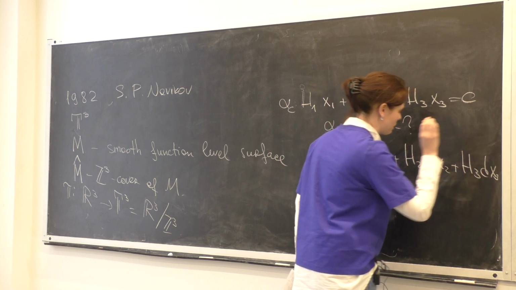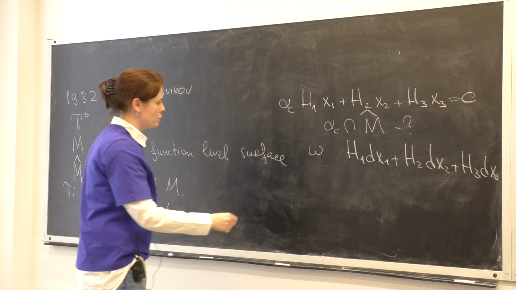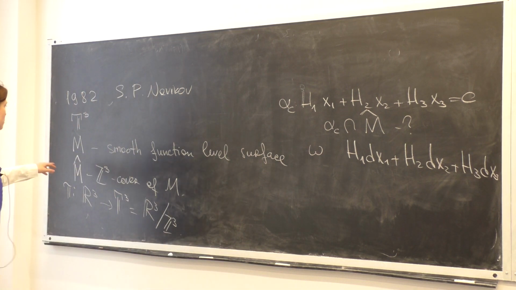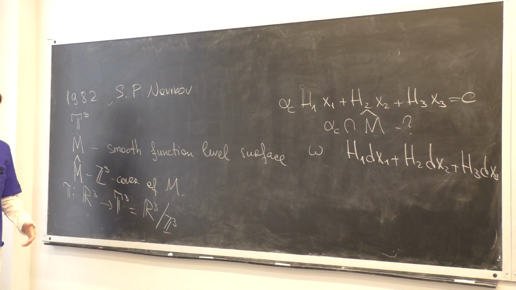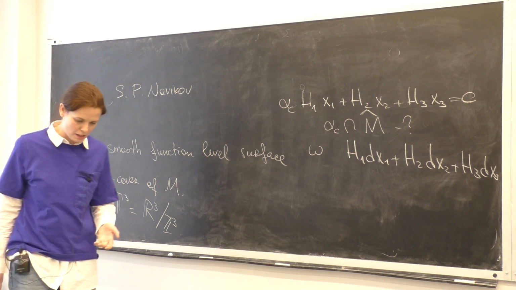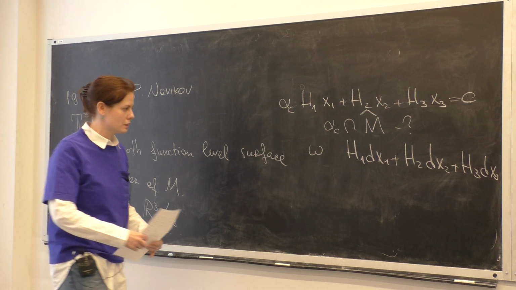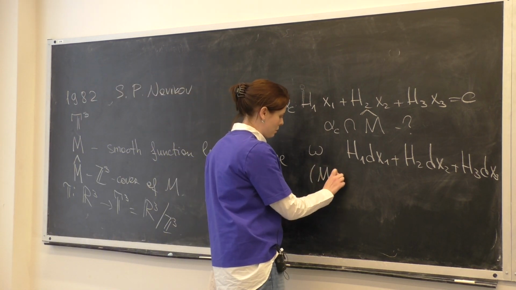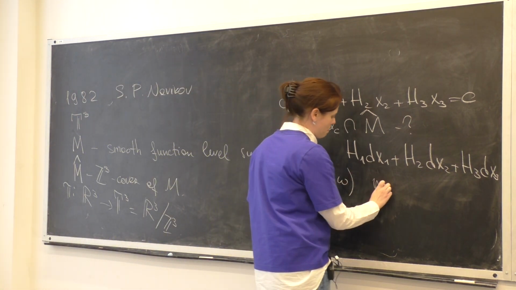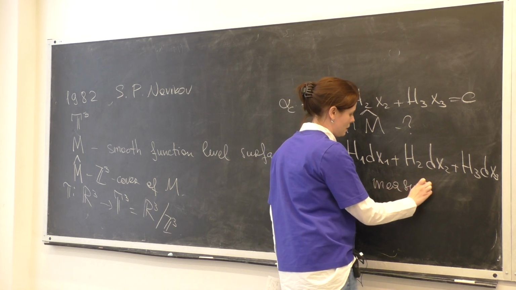The coefficients will be constant. And so this one-form will induce a one-form on your surface. And this one-form and the surface is a typical pair that defines a measured foliation on a surface. So otherwise, you can think about these two guys, that they provide you a measured foliation on a surface.